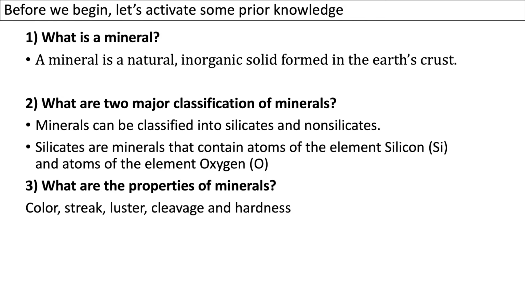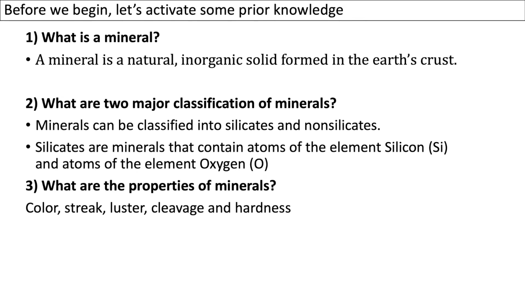What is a mineral? A mineral is a natural, inorganic, solid formed in the earth crust. What are two major classifications of minerals? Minerals can be classified into silicate and non-silicate.